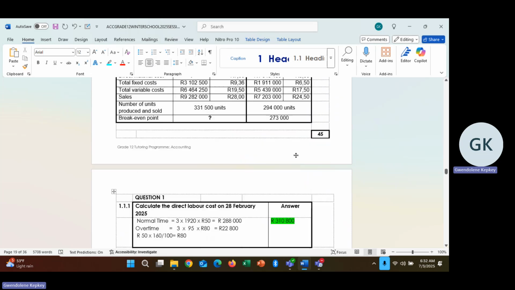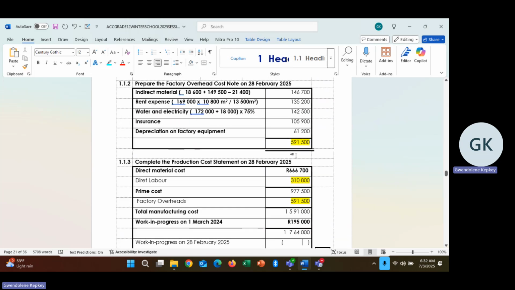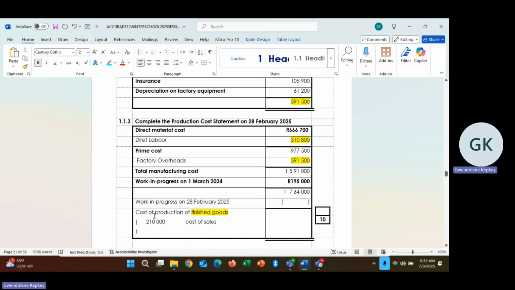So let's put that in, and we're going to end off with a statement. So let's do my calculation. My 210, which is left at the beginning of the current year, I'm going to put first. Then I'm going to add my cost of sales. Remember, we've done that calculation.